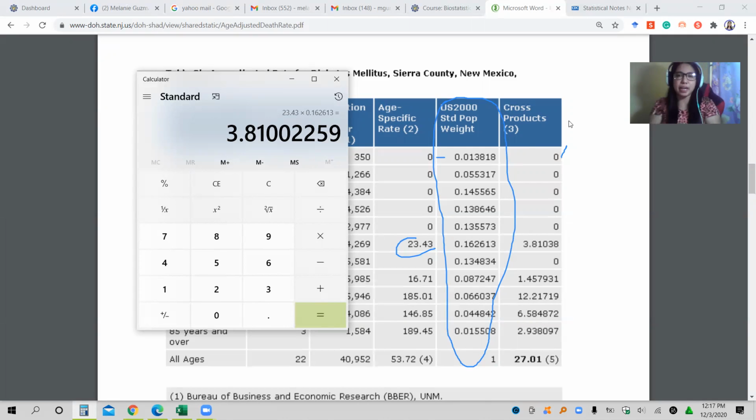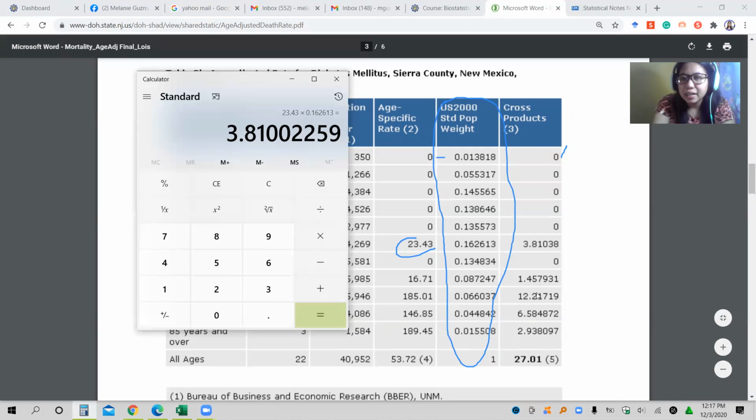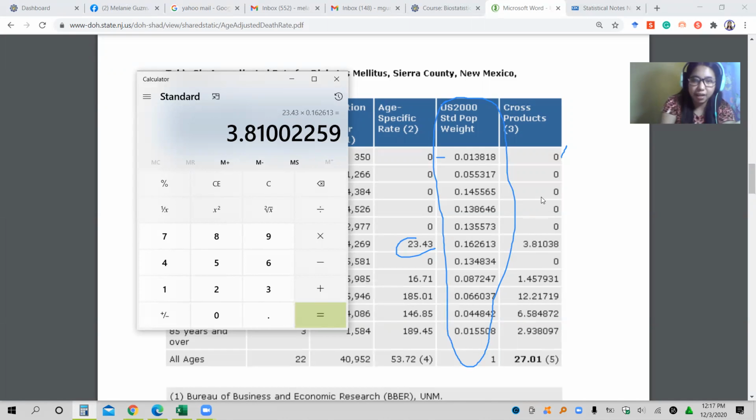So after obtaining that value, you need to add the result of the product of the age-specific rate multiplied by the US 2000 standard population weight.